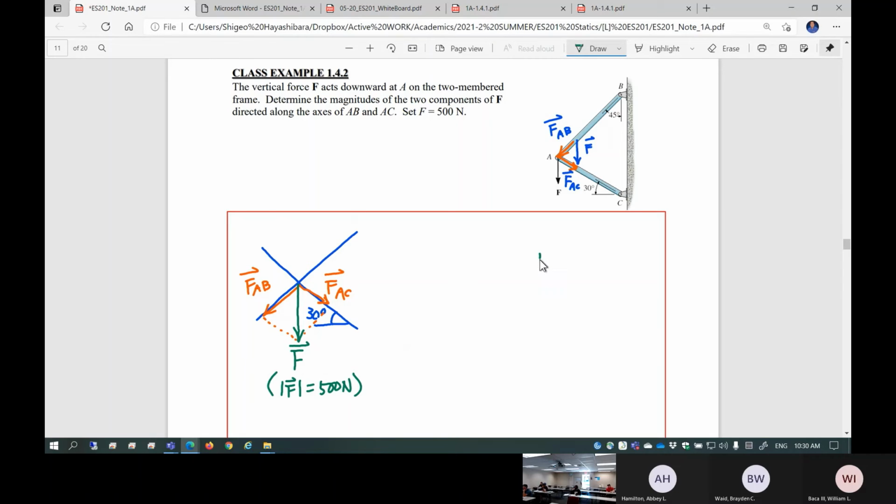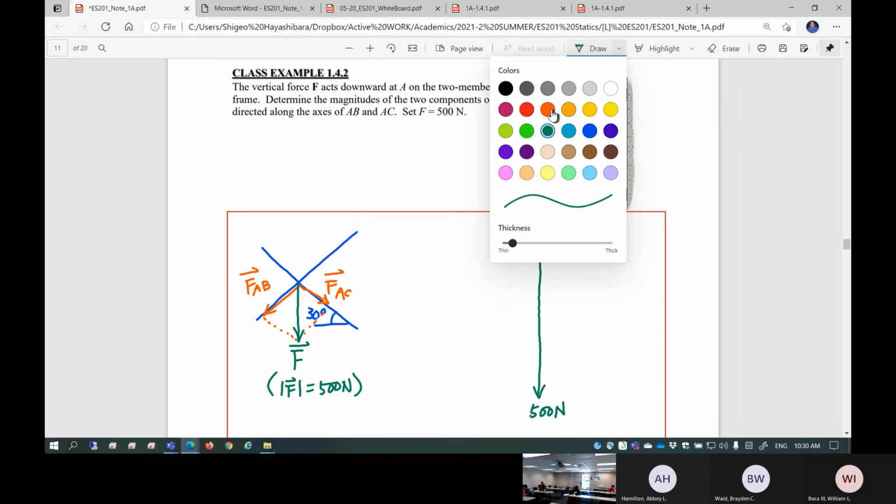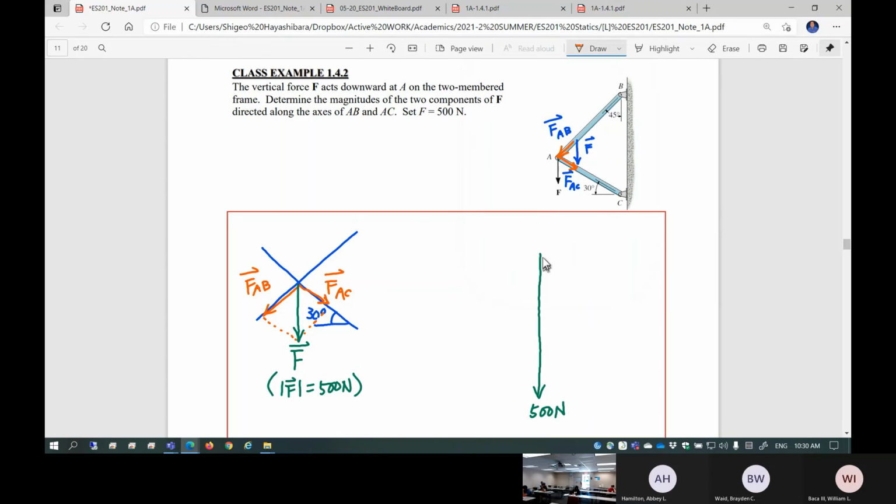Let me just redraw it on a little bit bigger scale. This is 500 Newton. This is FAB. This is FAC.